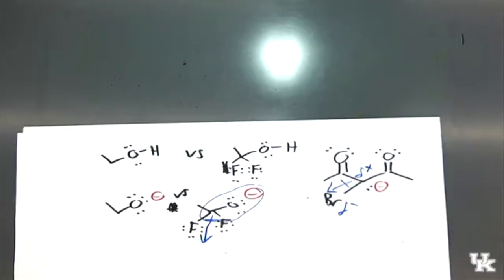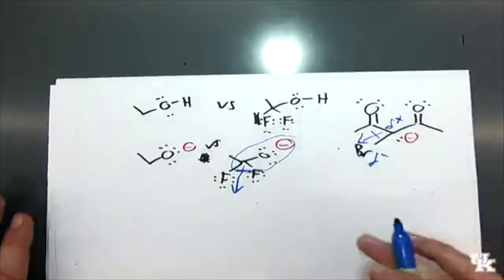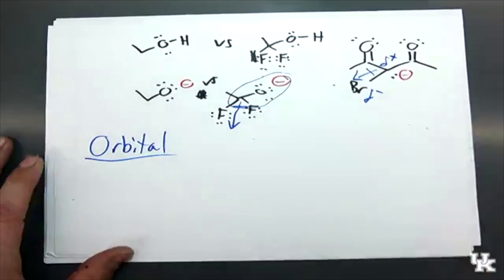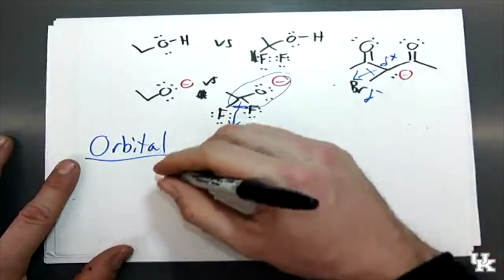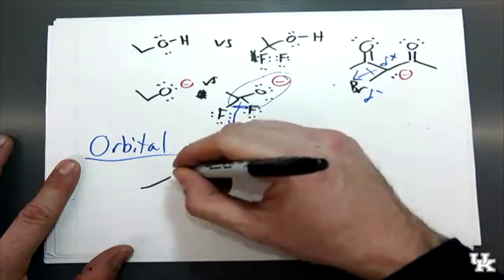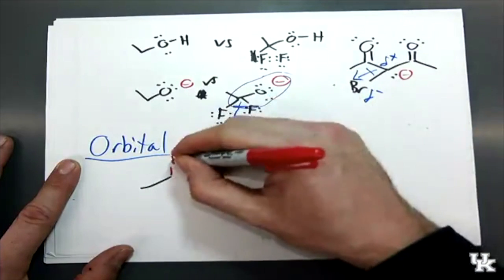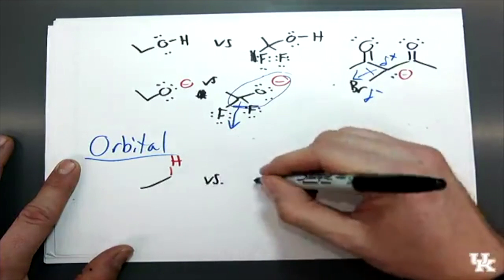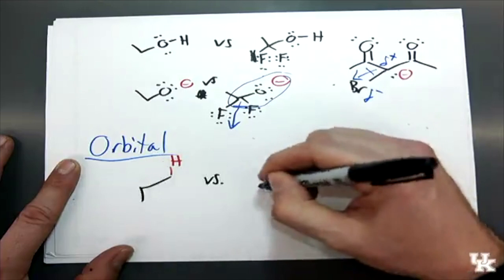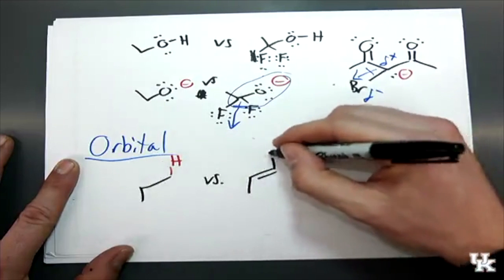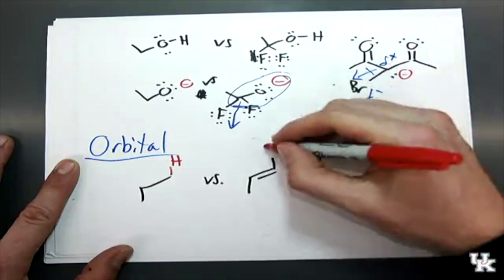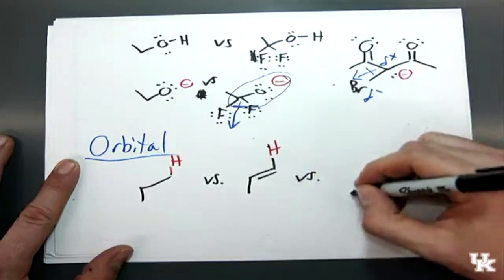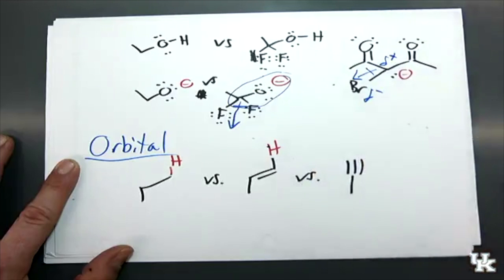Last, it's called orbital. We'll do this one in blue. Orbital. So if I gave you this question, you have propane versus propene versus propyne.